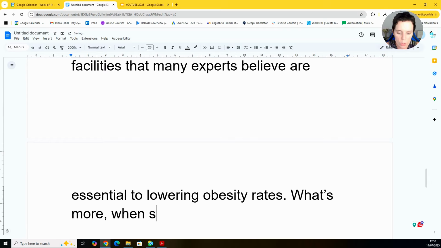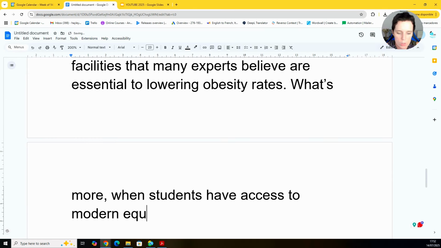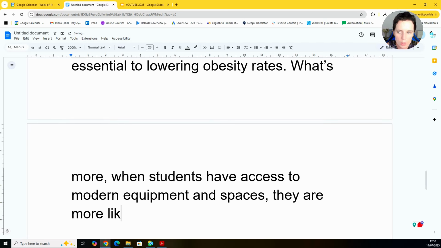So what's more, when students have access to modern equipment, try and avoid the word sports facilities and spaces, they're more likely to participate in physical activity, let's say, instead of sport.